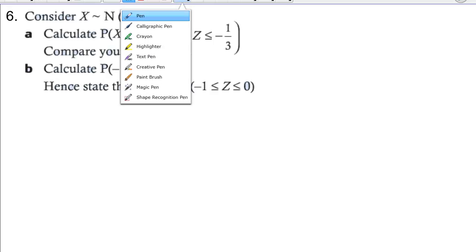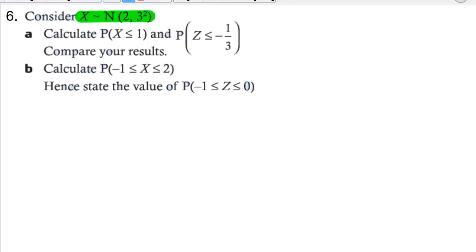So for this probability here, I'm going to use that distribution. But for this one here, I'll use the Z distribution. So basically, the standard normal curve.